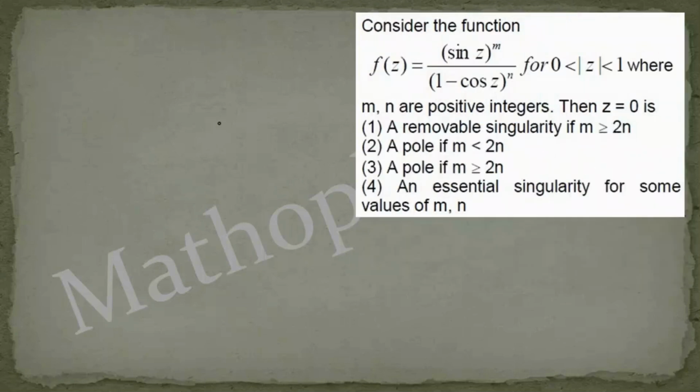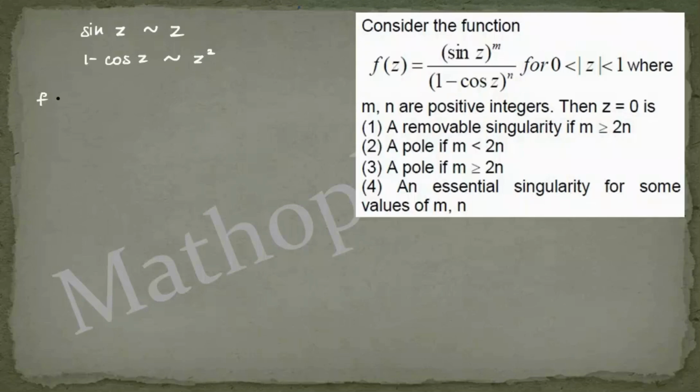Next question, let's see. Consider the function f of z is equal to sin z bar m by 1 minus cos z bar n, where m and n are positive integers. Then we have to find whether z is equal to 0 is a removable singularity, a pole, or an essential singularity. So to simplify this, we can assume sin z as z and 1 minus cos z as z square.